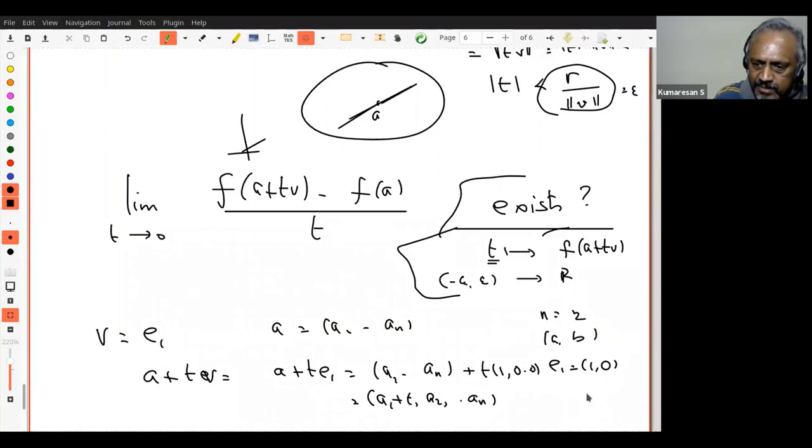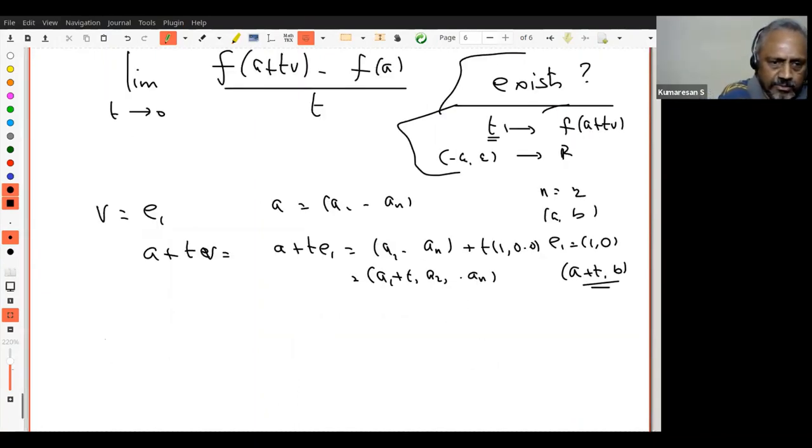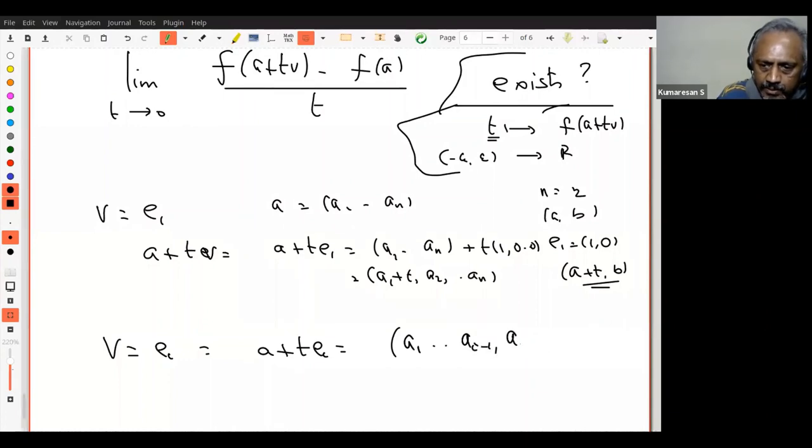In the case of n equal to 2, it is A plus t comma B. Similarly, if v equals Ei, what will be A plus tEi? That will be A1, up to A(i minus 1), Ai plus t, A(i plus 1), up to AN.